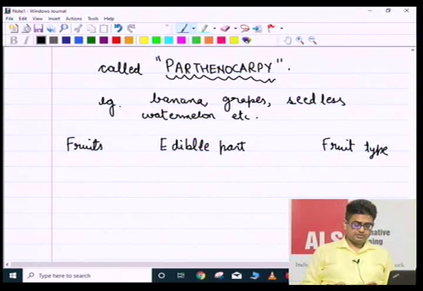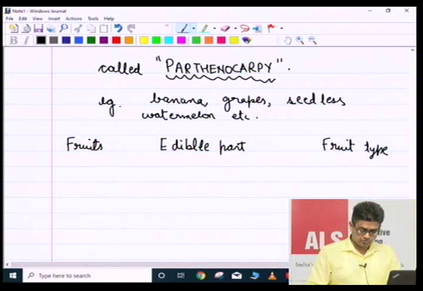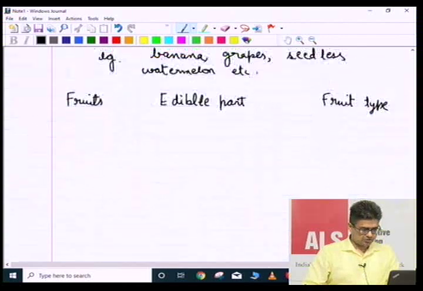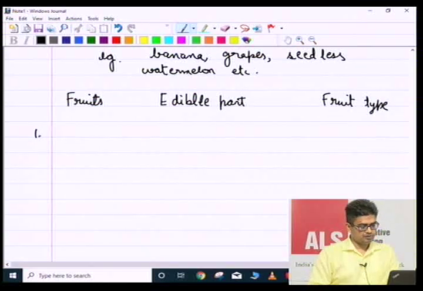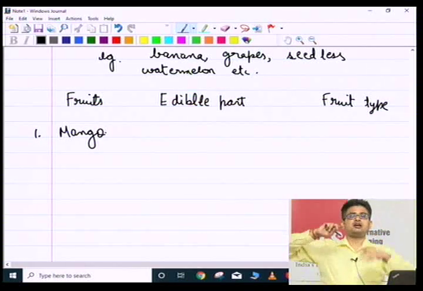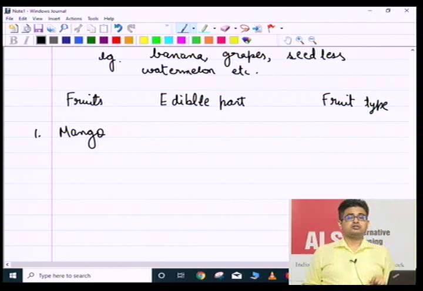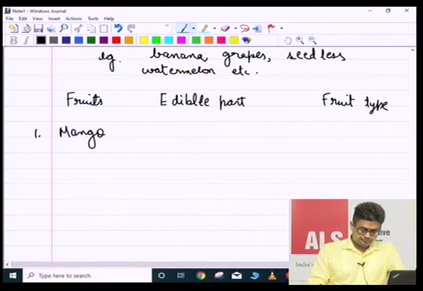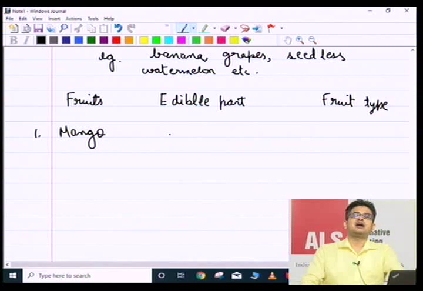A lot of questions have been asked, so I'll try to help you with this. Some very common fruits like mango. What is the edible part in mango? In mango, epicarp is the outer leathery coating, the outer thing which we do not eat. So pericarp is non-edible. But if you are eating a mango pickle, then you are consuming epicarp also.